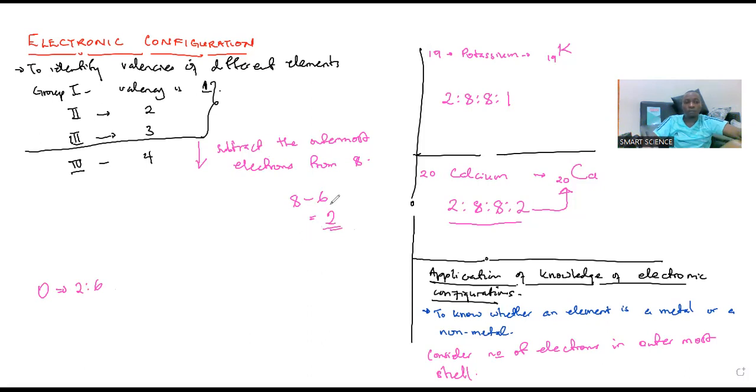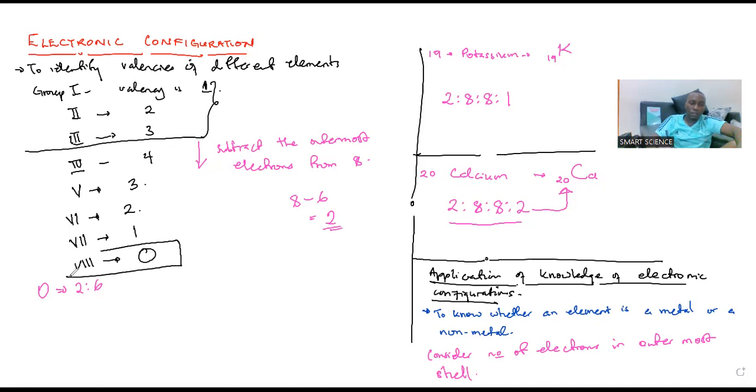So 2 becomes the valence of oxygen. That means if I'm in group 5, my outermost electrons are 5, so I'll get 8 minus 5, and the valence will become 3. Group 6, outermost electrons are 6, so you get 8 minus 6, the valence is 2. Group 7, the valence will be 1. And group 8, the valence will be 0.